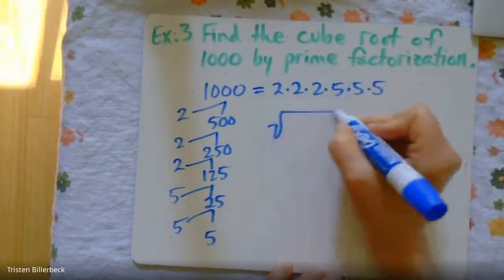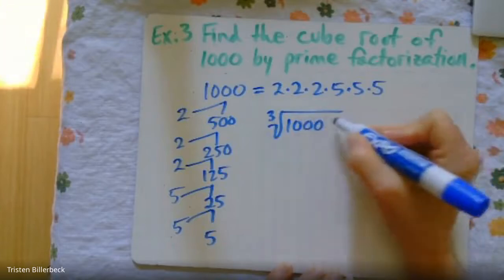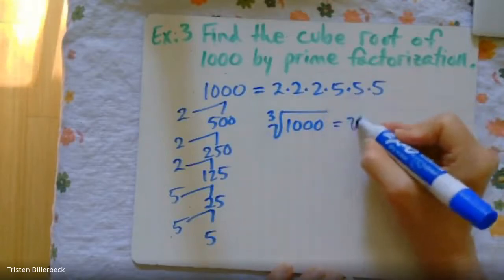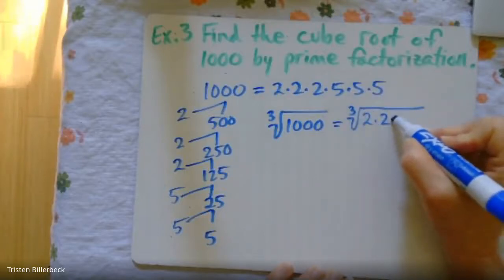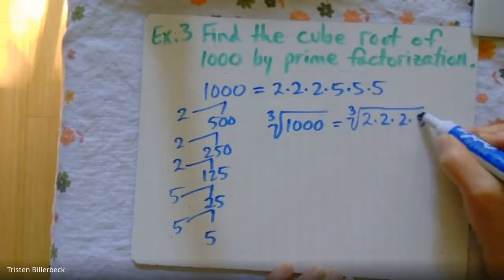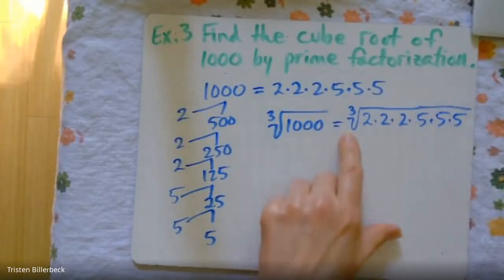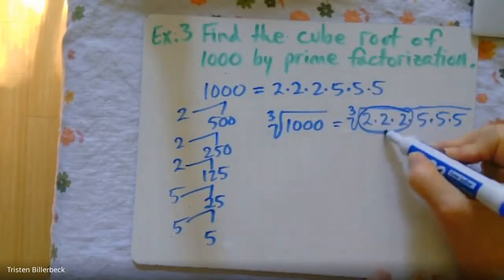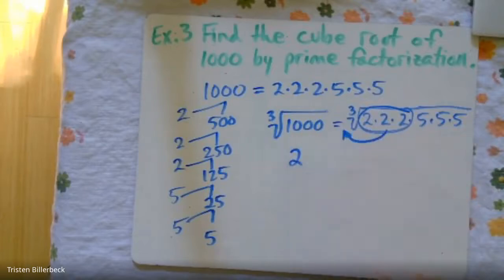So the cube root of 1,000 ends up the cube root of 2 times 2 times 2 times 5 times 5 times 5. So it's a very bad neighborhood. You can't leave home unless you leave in groups of 3. So these 2s get to leave safely as a united front of 2.